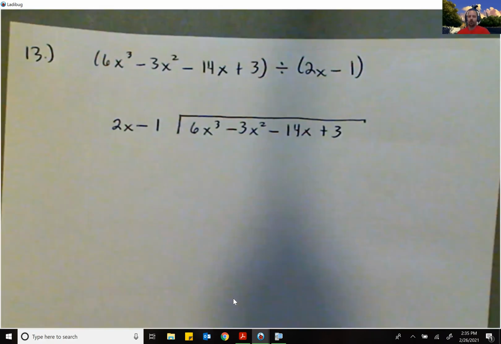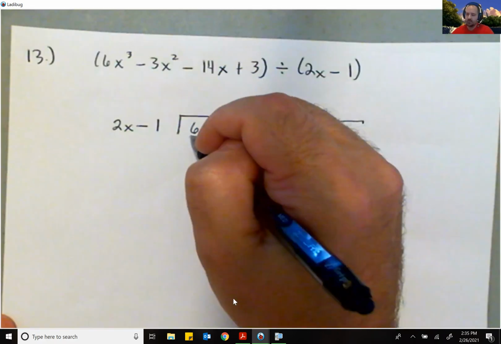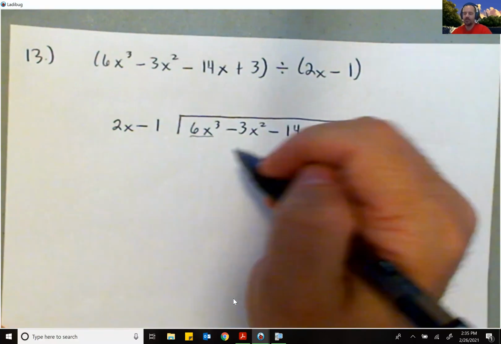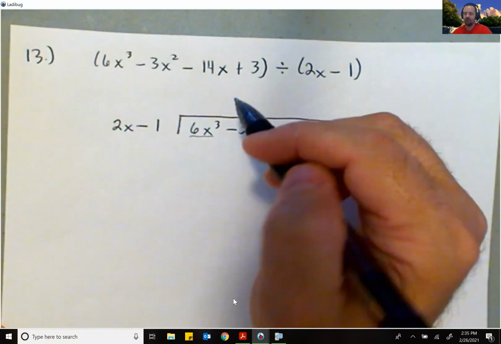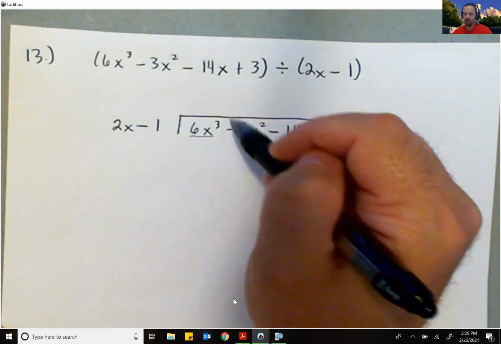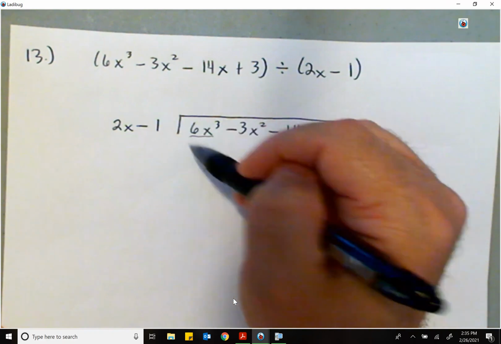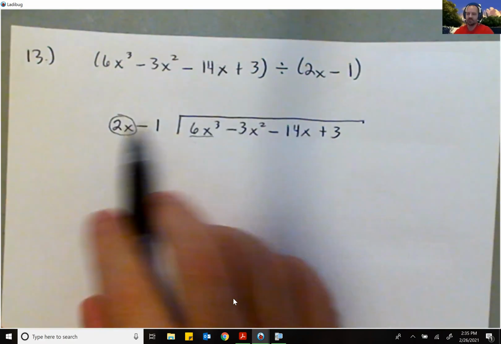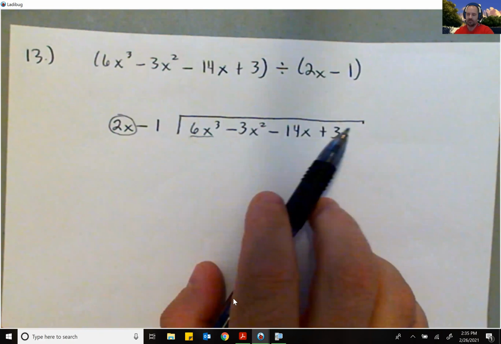So we perform long division. Who is it that we're going to focus on first? What term do we want to get rid of? 6x cubed. And who are we always going to use to help us get rid of the 6x cubed? The 2x. This is the one that's going to be in charge of helping us get rid of terms underneath here.